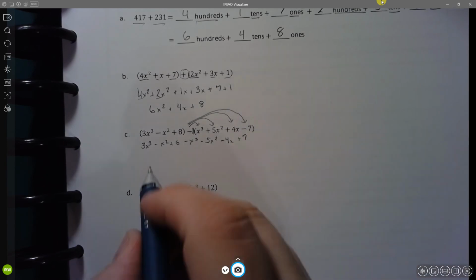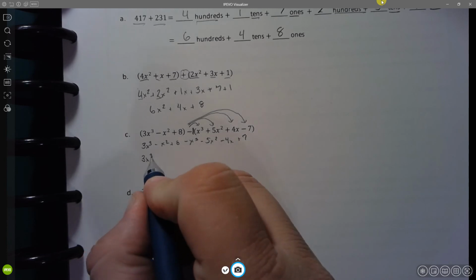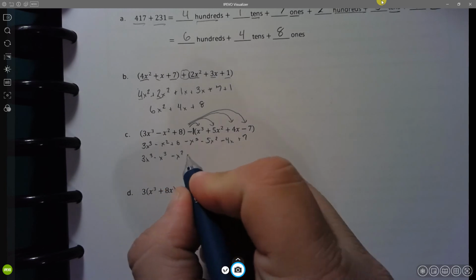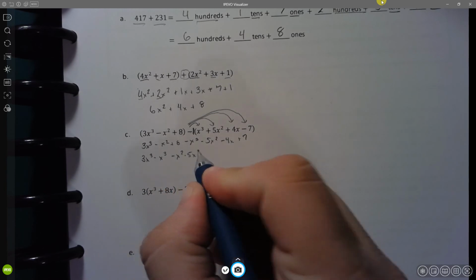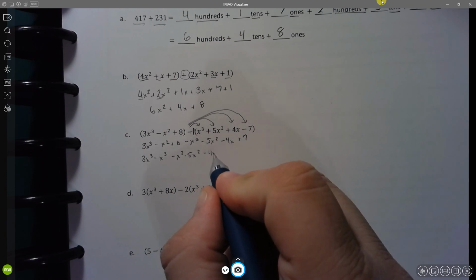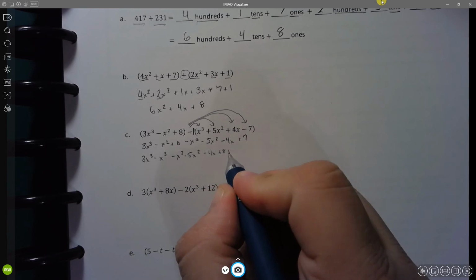So now I can group 3x cubed minus x cubed minus x squared minus 5x squared. Okay, there's only one set of x's, so minus 4x plus 8 plus 7.